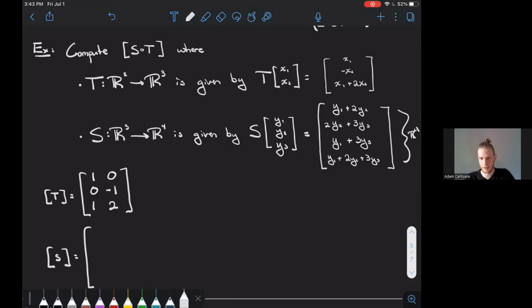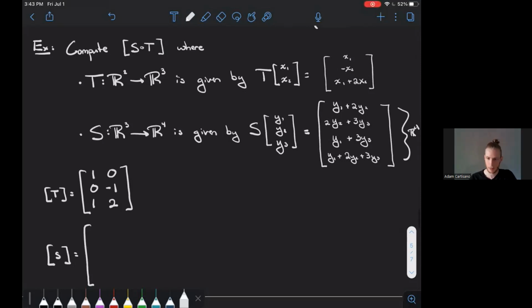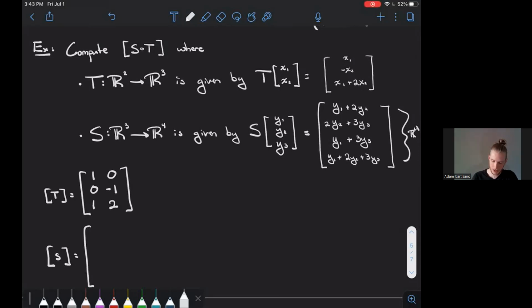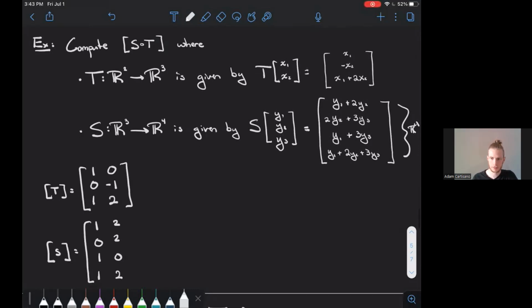So we're going to do these a little bit faster. 1, 0, 0, where does that go? 1, 0, 1, 1. 0, 1, 0, where does that go? 2, 2, 0, 2. The third one, 0, 0, 1, that basis vector, where does that go? 0, 3, 3, 3.